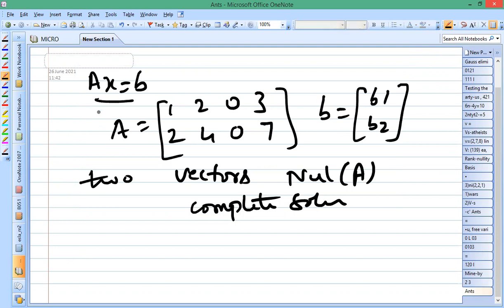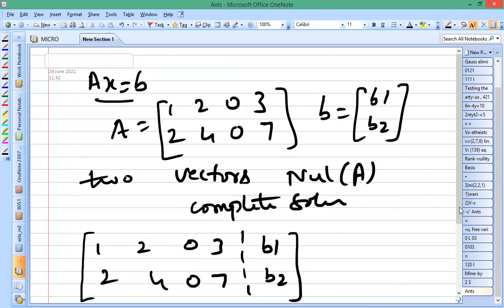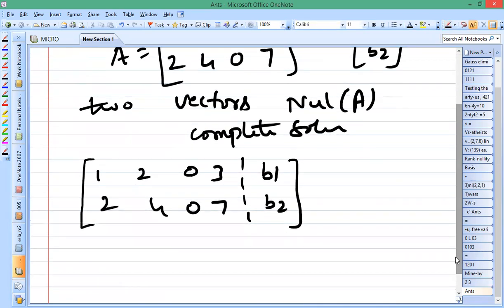Now consider the augmented matrix [1, 2, 0, 3 | b1; 2, 4, 0, 7 | b2]. Reduce it to echelon form by applying a transformation. To get zeros in the bottom row, I'll apply R2 minus 2R1.